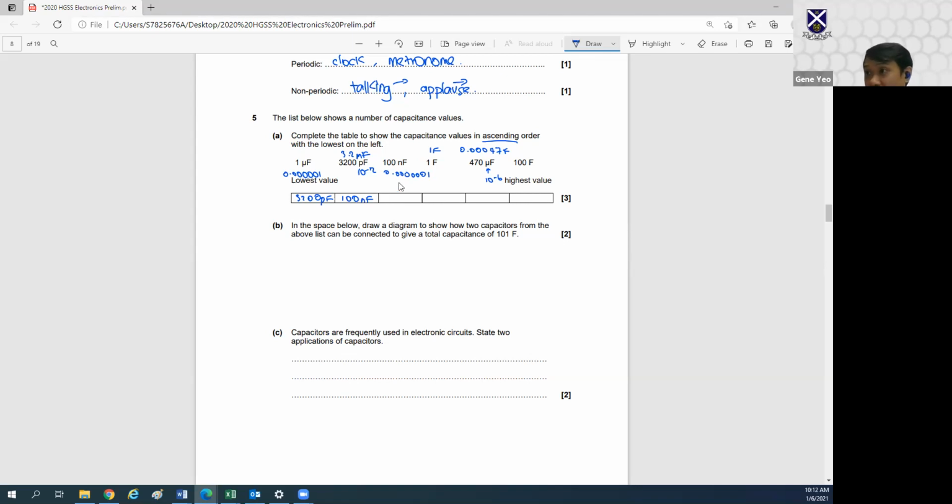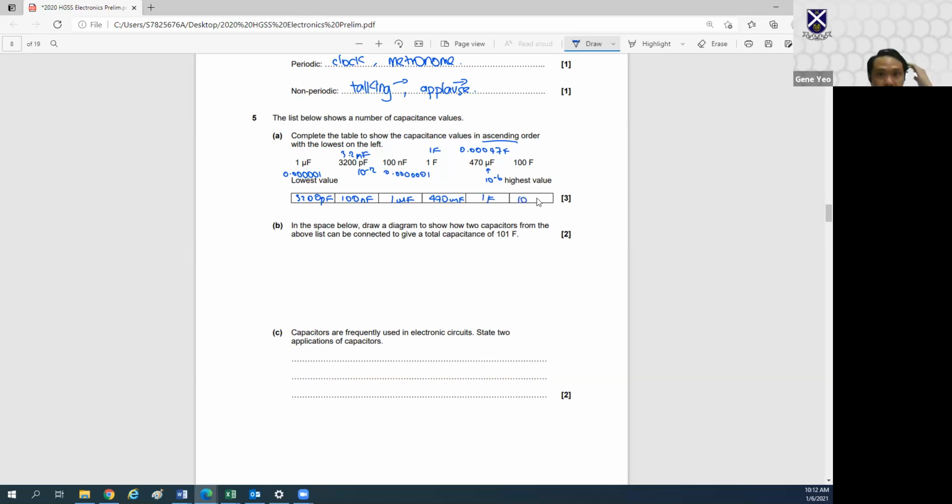After this fella, then is this fella, 1 microfarad. Right? So then after you rearrange it, the next biggest one would be this fella, 470 microfarad. Finally, 1 farad. And the biggest one would be 100 farad.